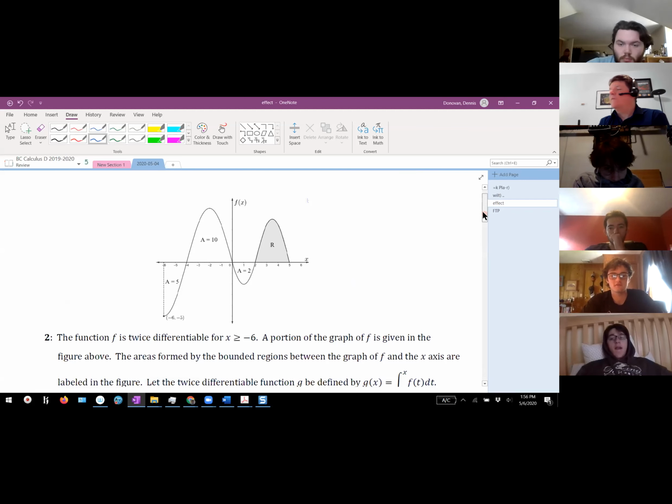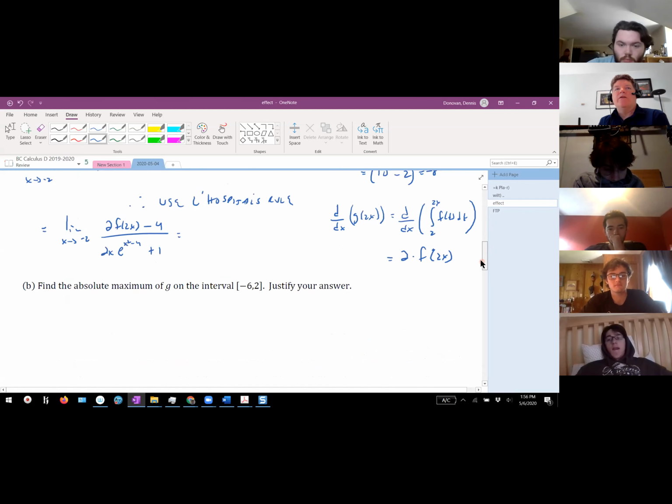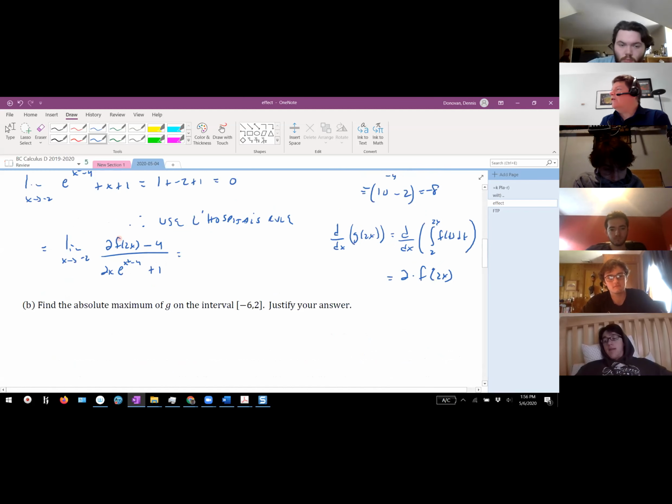It approaches 0. So that first term is approaching 0. So the numerator limit is negative 4. What's the denominator limit?